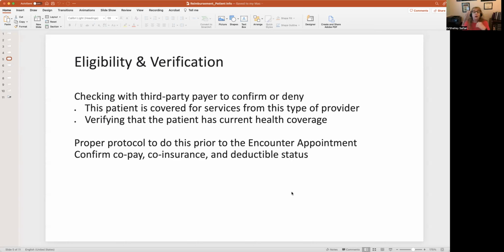So I get a phone call the week before my appointment, and the young lady calling me from the doctor's office said, "I just want to tell you something, that your appointment on December 15th, right now, you have not met your deductible for the year.